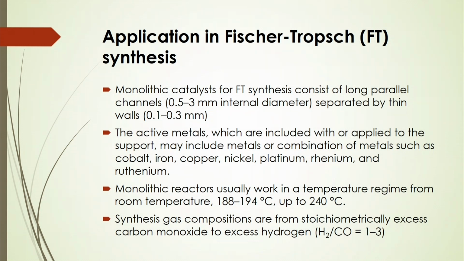Now, another important application is called Fischer-Tropsch synthesis. So, the monolithic catalyst for Fischer-Tropsch synthesis consists of long parallel channels of 0.5 to 3 millimeter internal diameter, separated by thin walls of the monolithic structure of 0.1 to 0.3 millimeter, and the active metals which are included with or applied to the support may include metals or combinations of metals such as cobalt, iron, copper, nickel, platinum, rubidium, even rhenium, and also ruthenium.